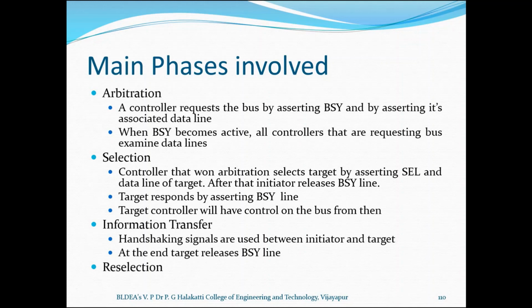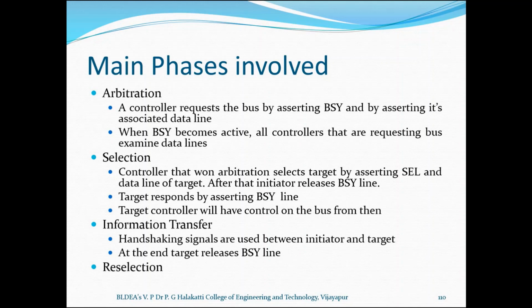Now in the reselection phase, after the information transfer is completed, the target suspends the logical connection with the initiator. When the target wants to restore the connection, it must gain control of the bus. So it starts an arbitration cycle, and after winning arbitration, it selects the initiator controller as described earlier. But now the initiator asserts the bus busy signal before data transfer can begin.